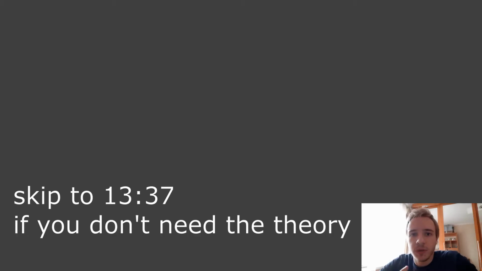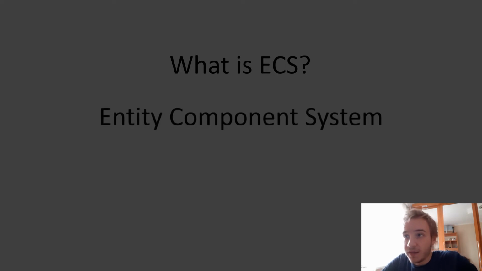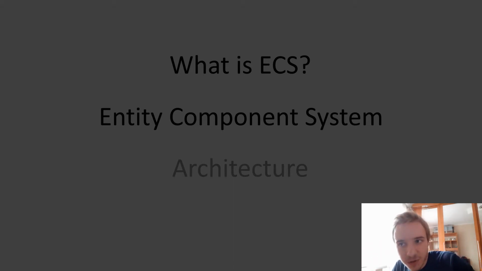Well, first we need to have the understanding of what an ECS actually is, right? Well, actually the name kind of boils down the architecture pretty well. It's an entity, component, system, but it's an architecture. So it's not an entity component system, it's an entity component system architecture.